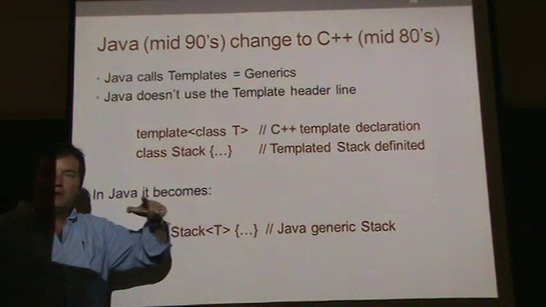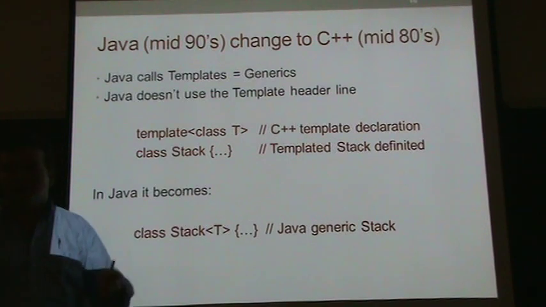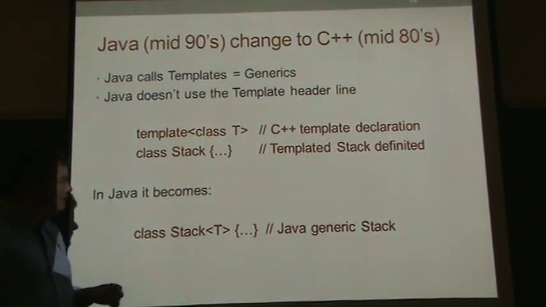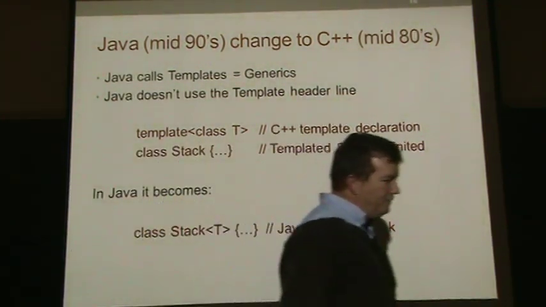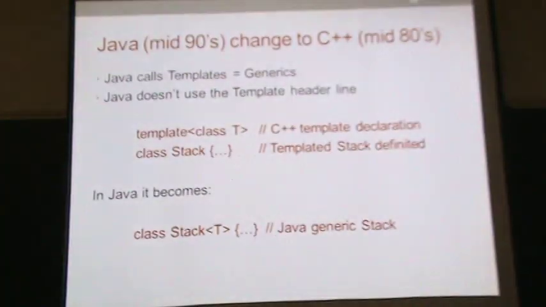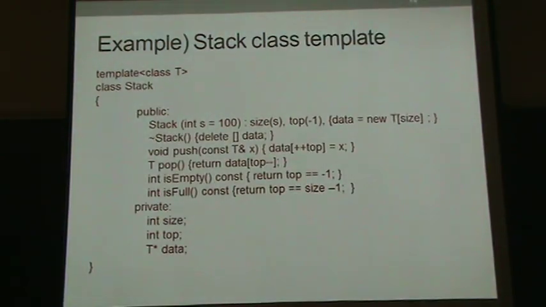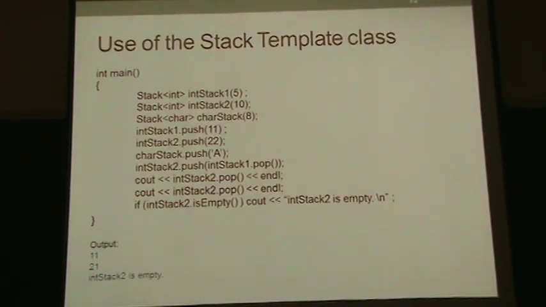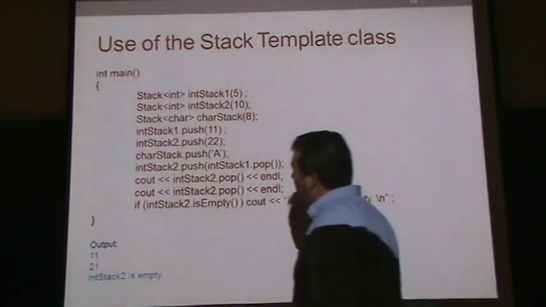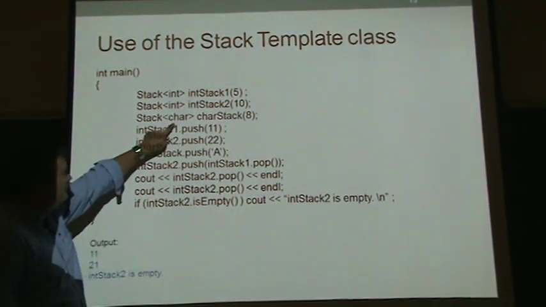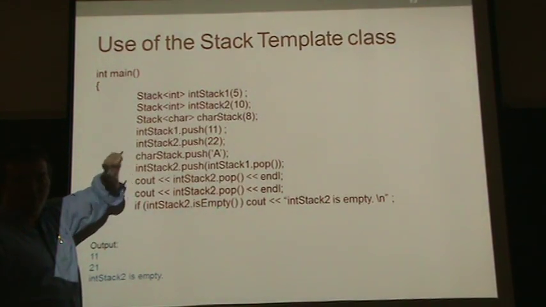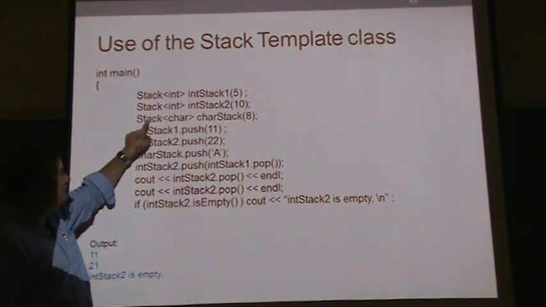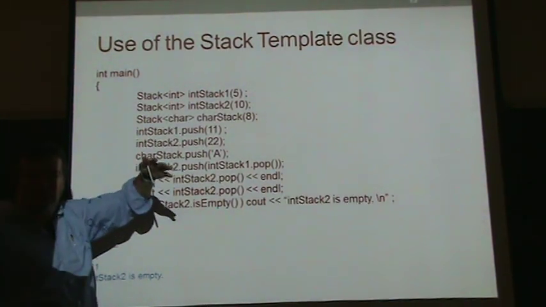You couldn't just make one and then somehow the compiler guesses what type it was. Like when we made a stack of characters, you'd have to declare it as a person of whatevers.